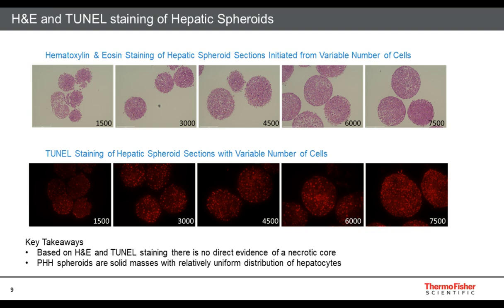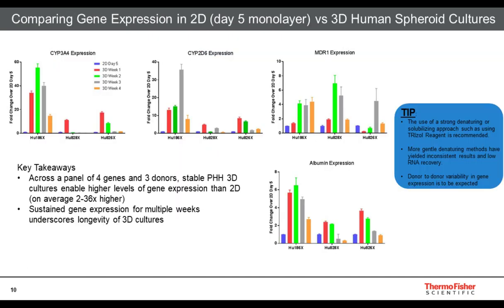So we're looking for a concentration of signal within the core, the center of these, and certainly within the size range, culture conditions, and duration that we've typically been using, we have yet to consistently identify necrotic cores in any of the spheroids.